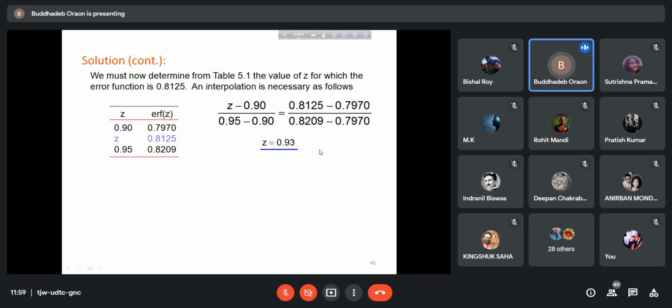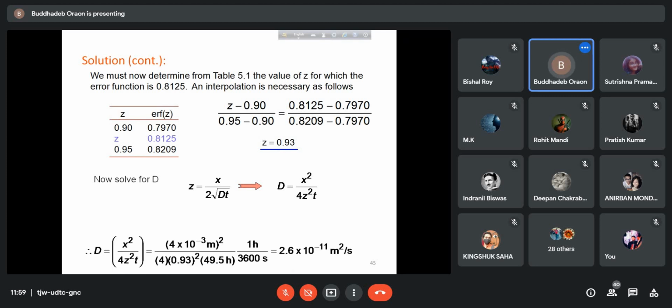So I will take this value of the variable as z. I will put z equals 0.93 equal to x divided by 2 root Dt. From here I can find out the value of D, because t is known.